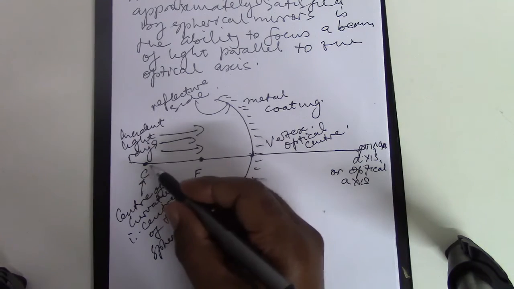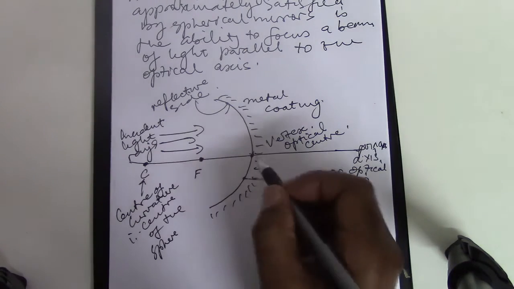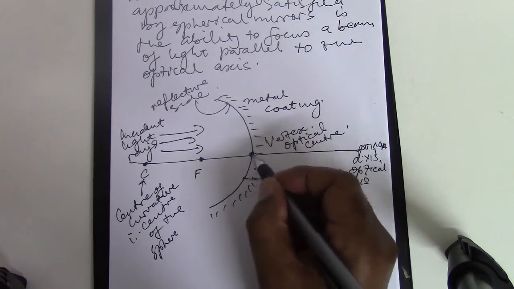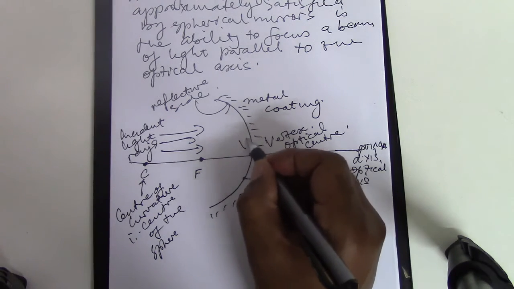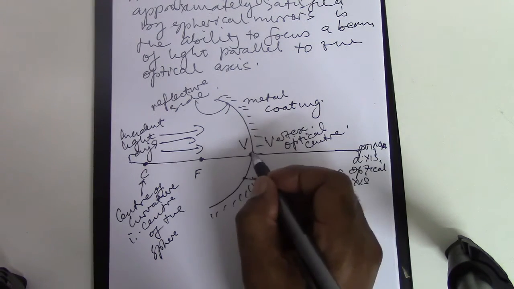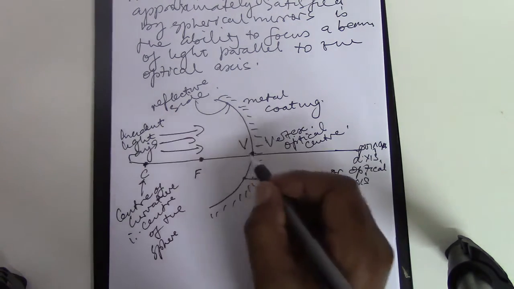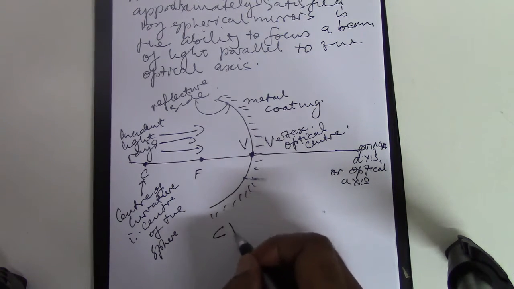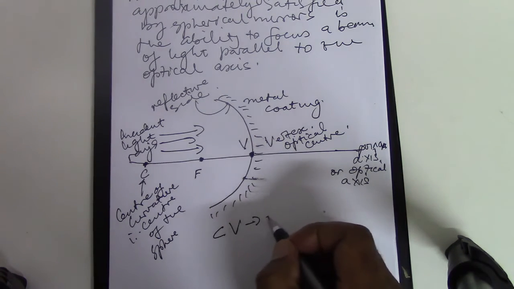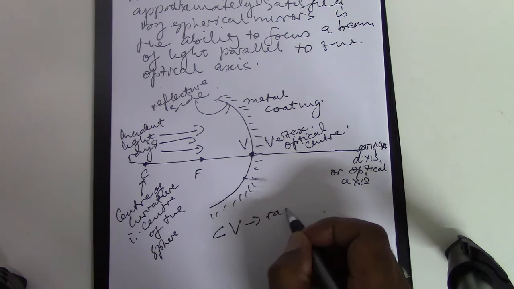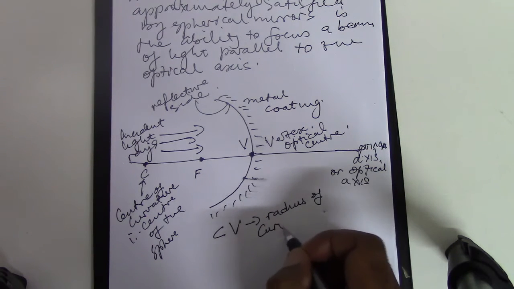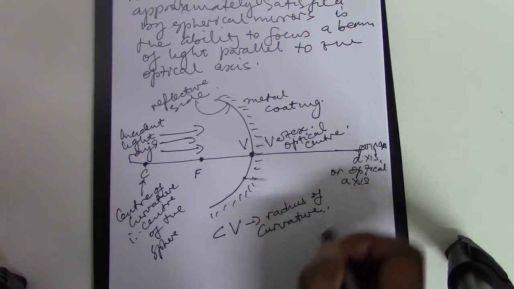So the distance from C to optical center, let's call it V for vertex. The distance from C to V, in other words, CV, is the radius of curvature.